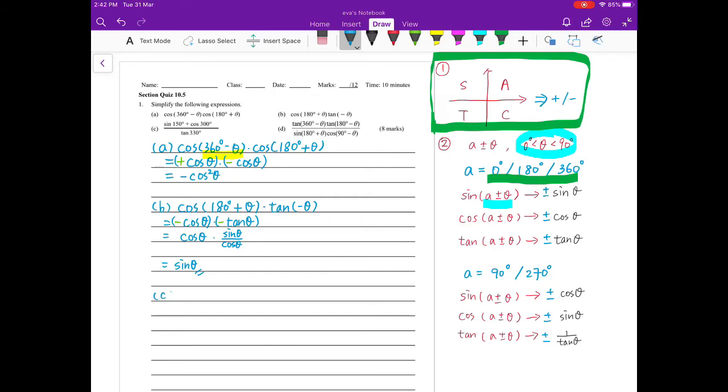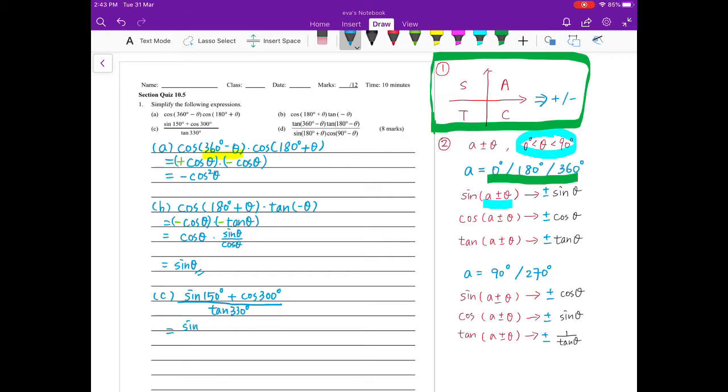Okay, next question C. We have sine 150 degree plus cosine 300 degree over tangent 330 degree. So this one does not have theta. We have to turn it into, we have to use all the degrees on the right hand side, 0 degree, 180, 360, or 90, or 270 degree to form the 150 here.